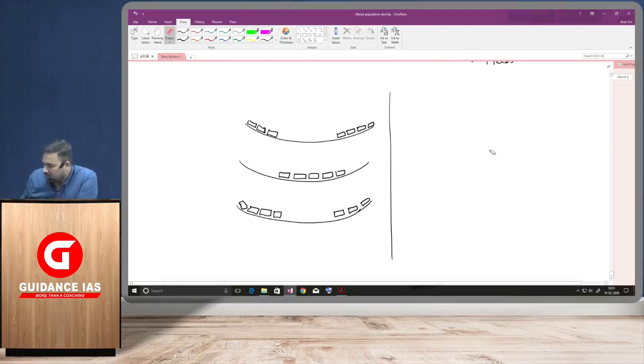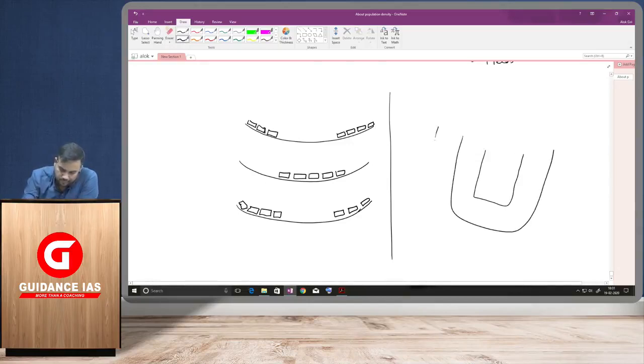And if you talk about horseshoe pattern, these are also the lines of contour. These are the terraces which have been made.